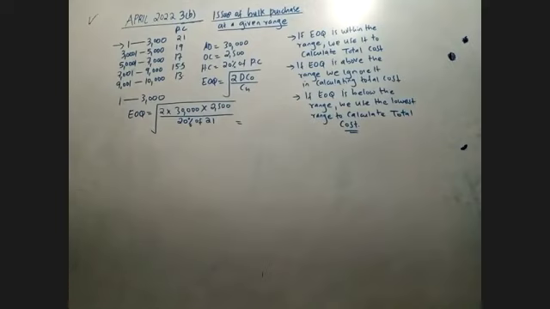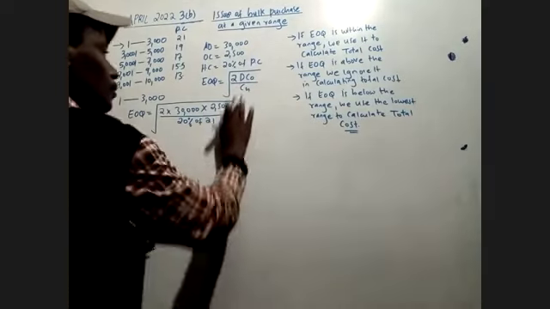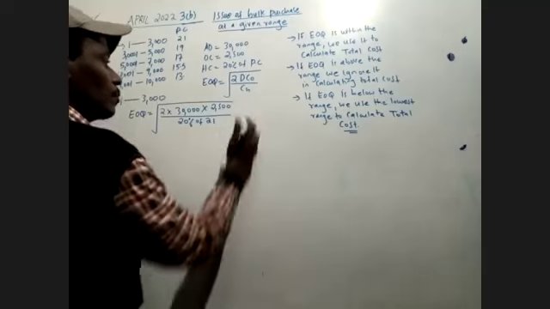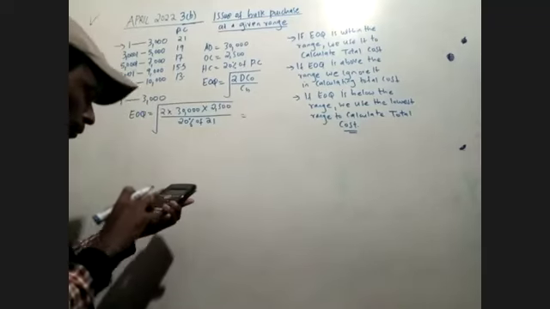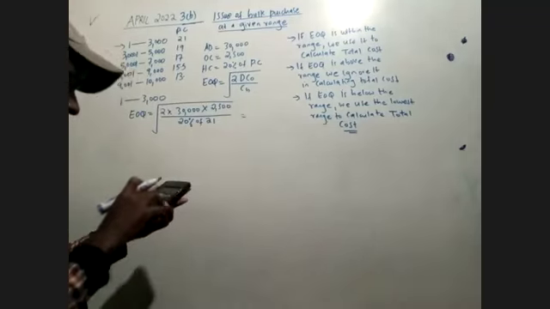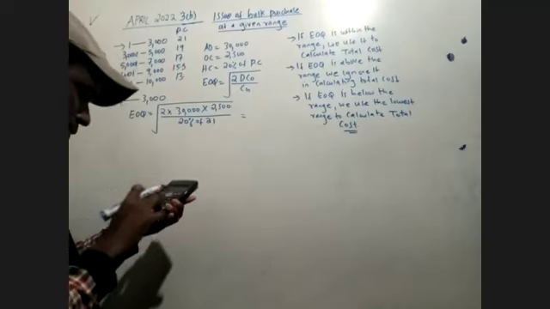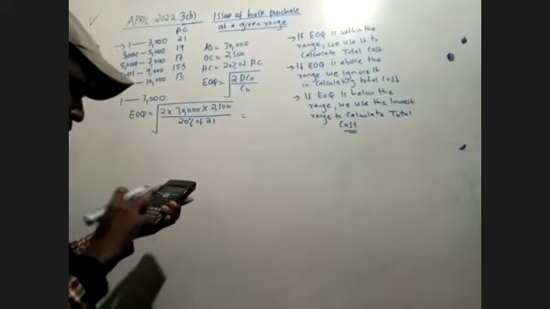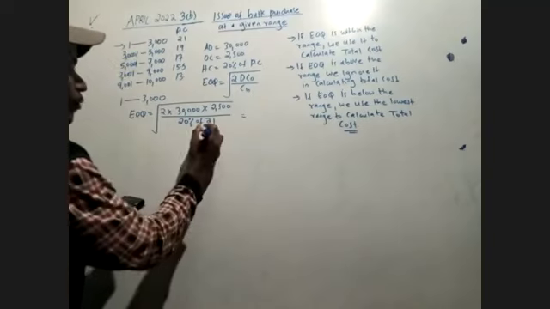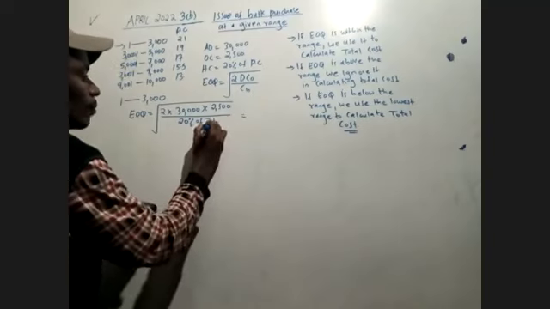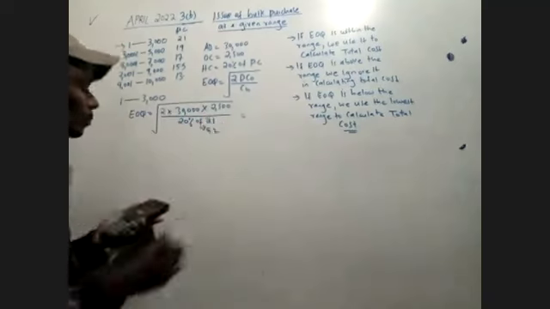So let's calculate it. I am waiting for your answer. So 2, we are changing 20% to 0.2, and 21. Here it is 4.2.